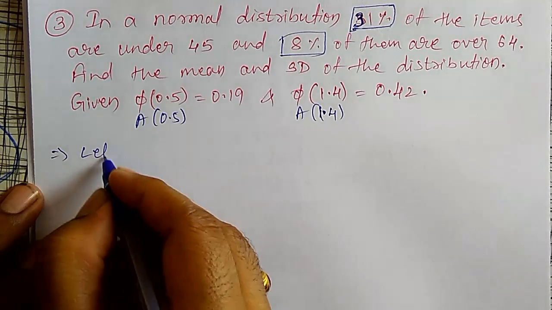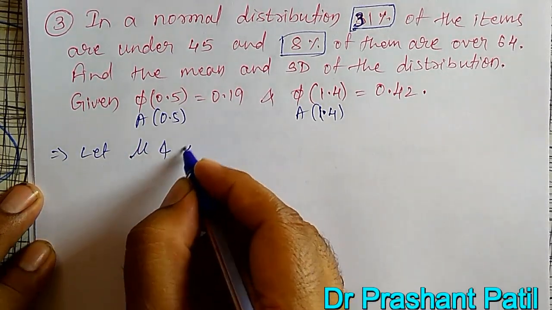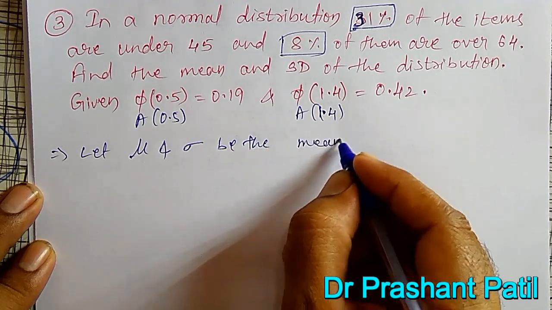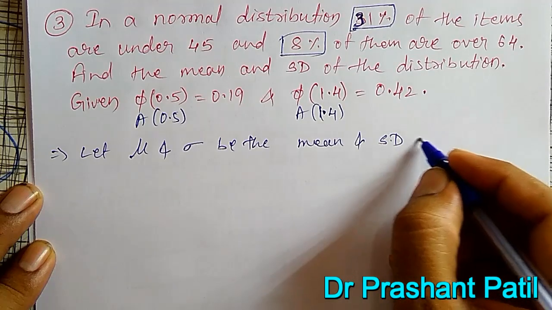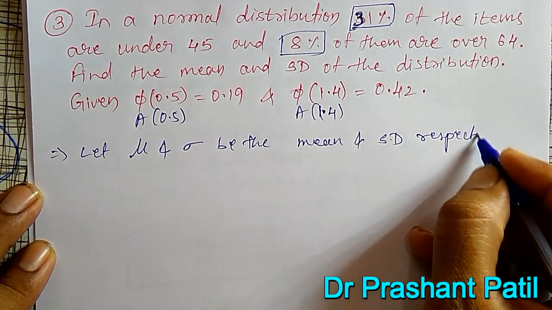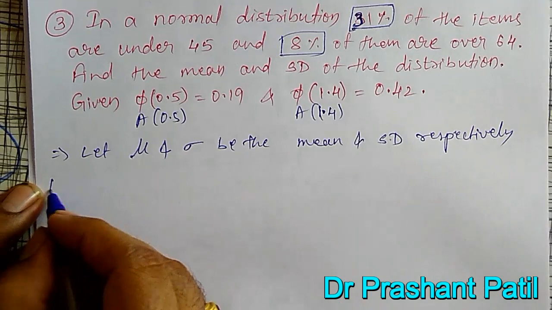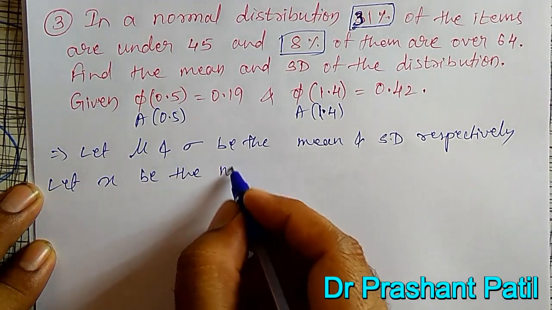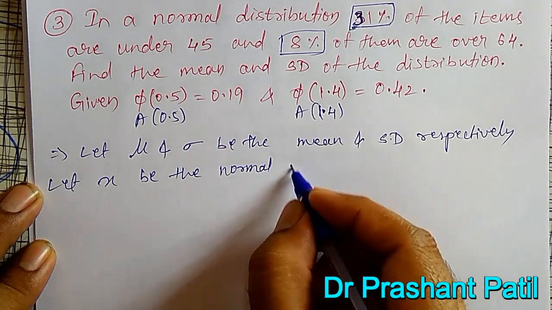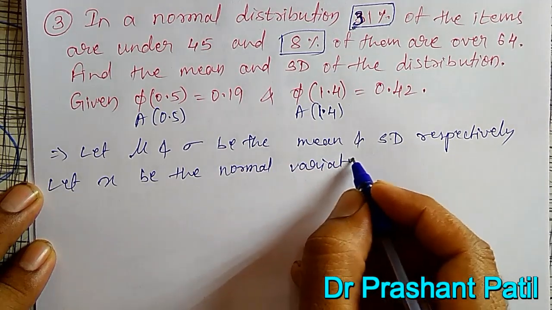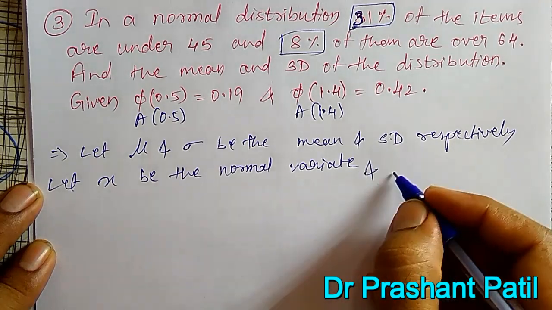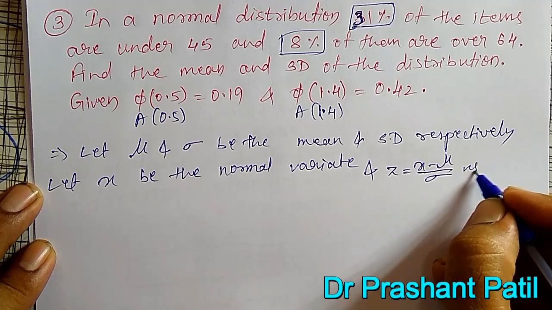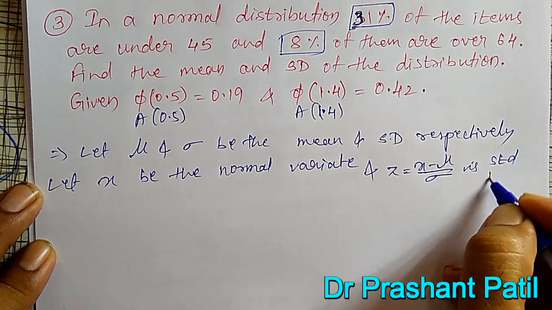Let mu and sigma be the mean and standard deviation respectively, and let x be the normal variate and z equal to x minus mu divided by sigma be the standard normal variate.